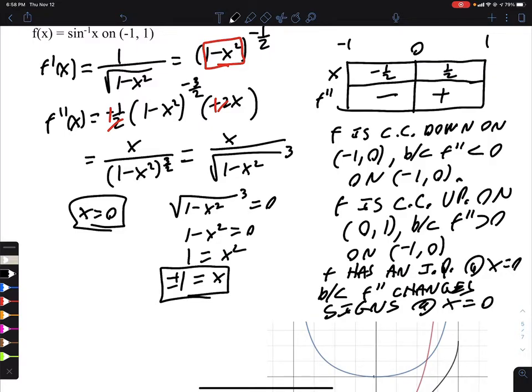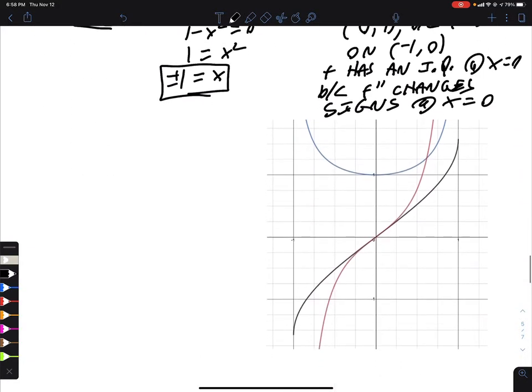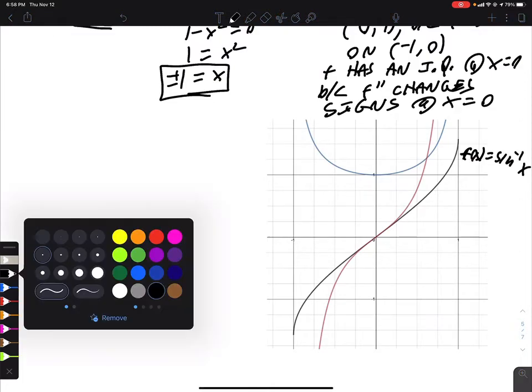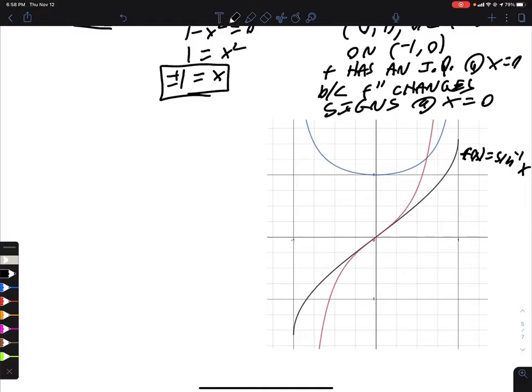All right, let's look at the graph and make connections here. So the black graph here, that's going to be inverse sine. The red graph is going to be f prime, and the blue graph is going to be f double prime.